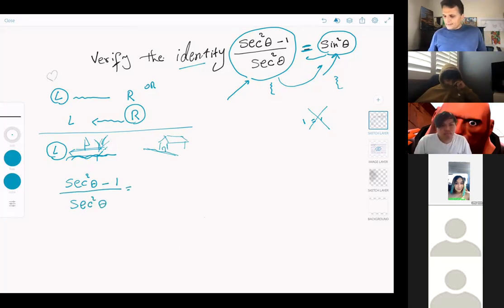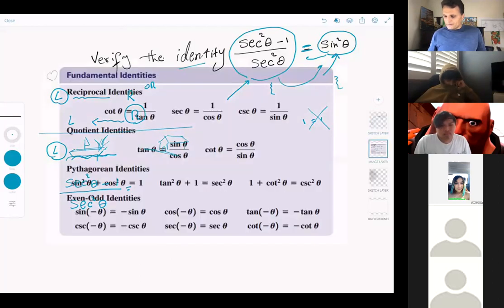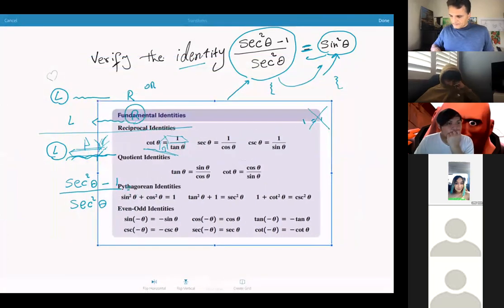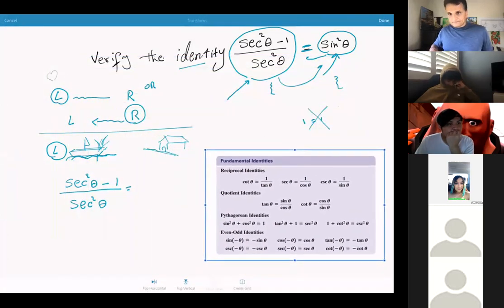Then I can refer to the page of notes, this one. This is all the identities that we have. Right here.